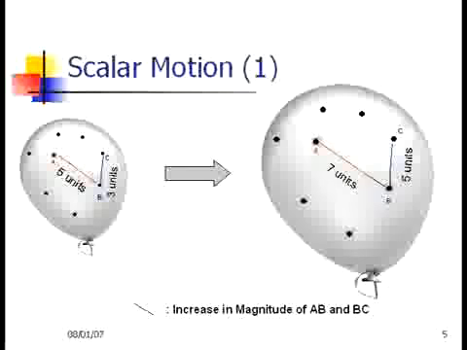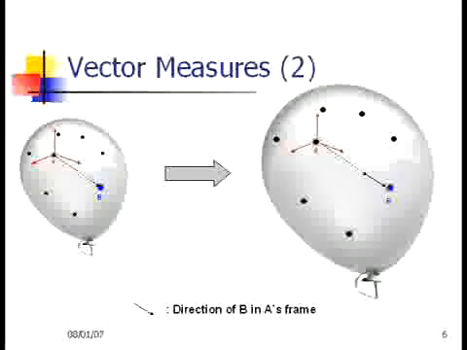Let us compare it with how we measure things. That is our vector measure. What we normally do is attach our reference frame, consisting of three mutually orthogonal axes, to one of the points, take that as the origin and measure all other motion from that.